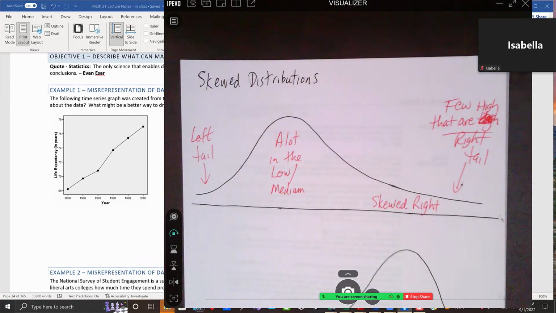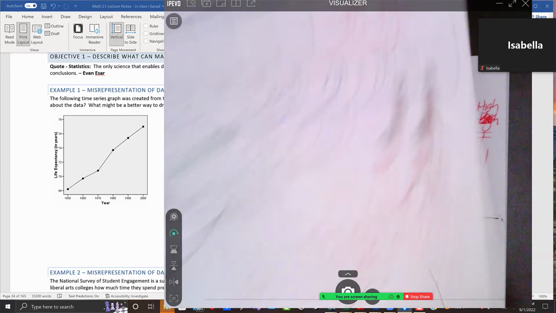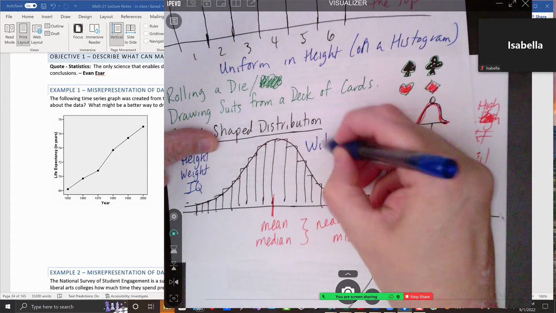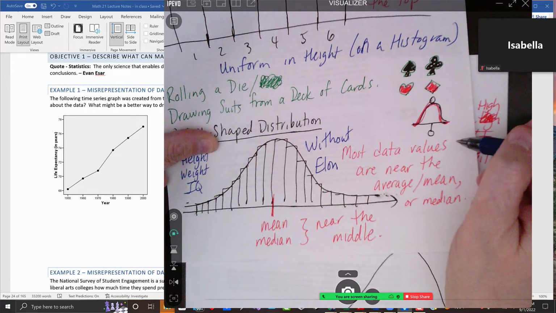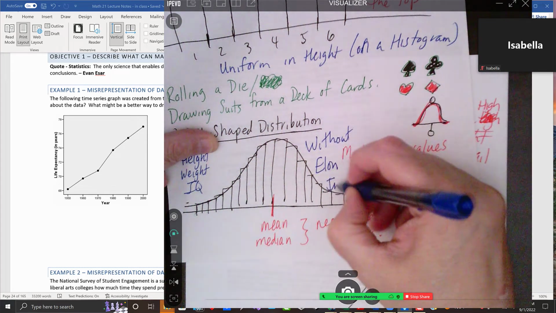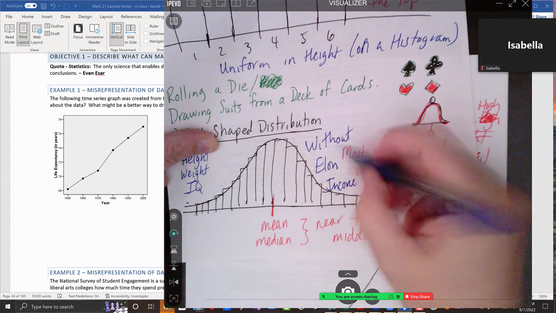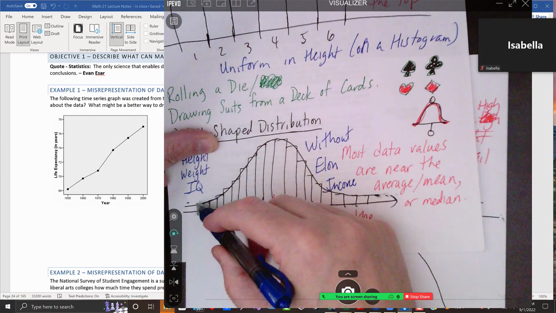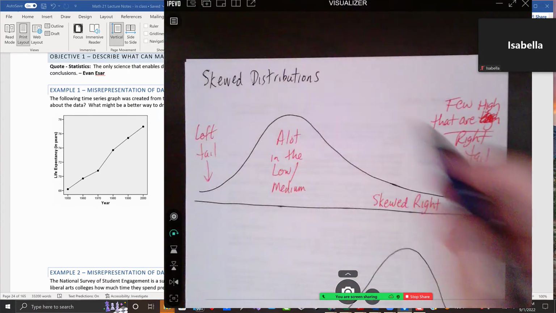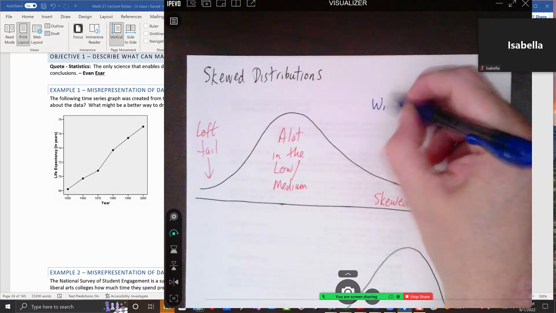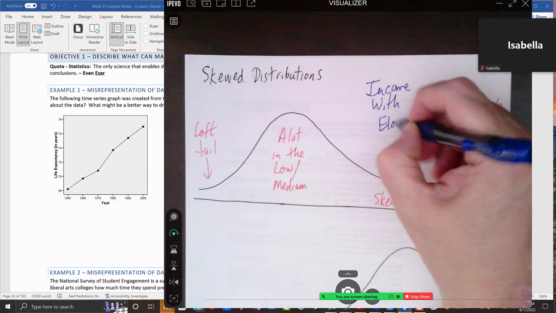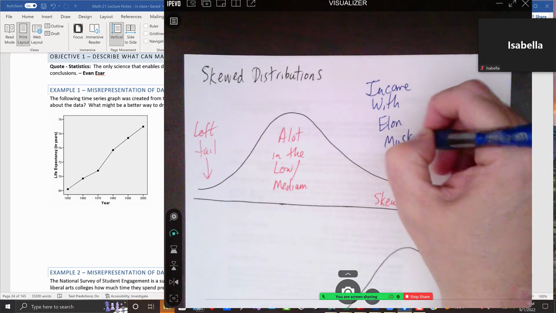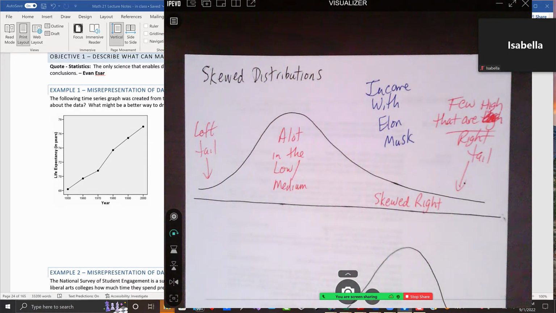So without Elon, and we're talking about income, most people are in the middle. Some people don't have any income. Some people make more. But with Elon Musk, or pick any really, really, really phenomenally rich person.